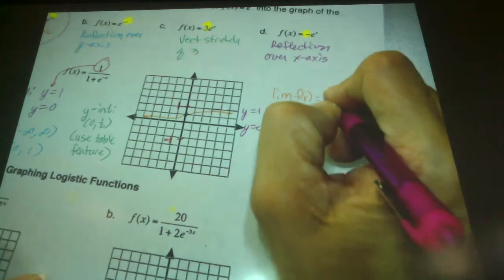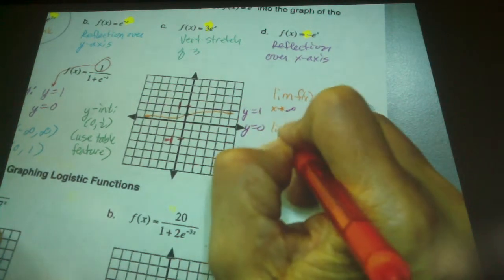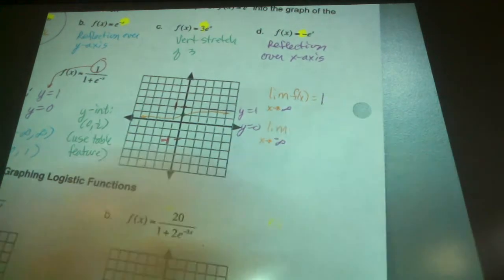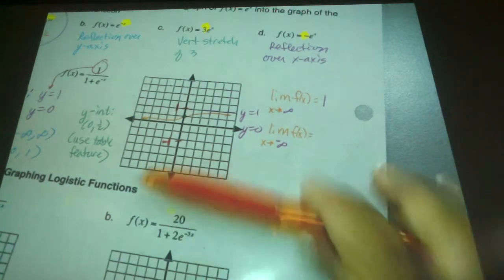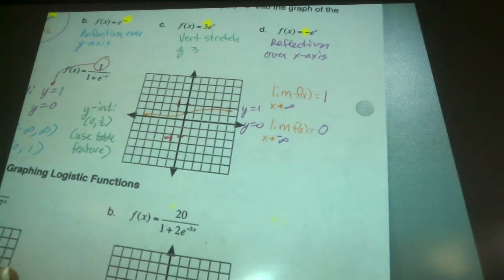Very good. One of those horizontal asymptotes. The limit as x approaches negative infinity of f of x. Some of you don't know your function notation, by the way. So as I go to the left, it is approaching 0. Very good. So those horizontal asymptotes are going to affect the limits as well.